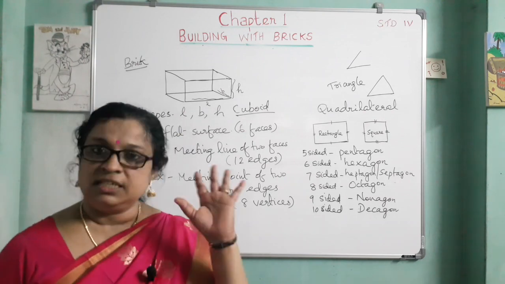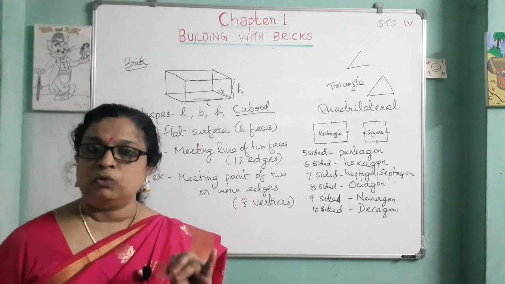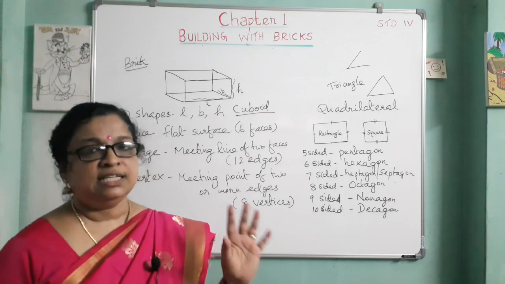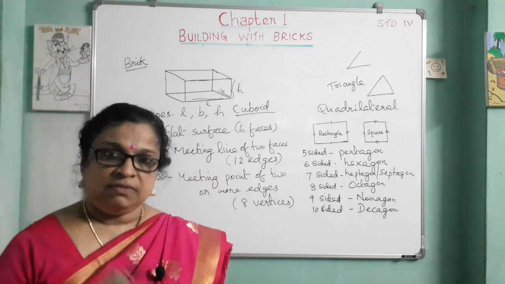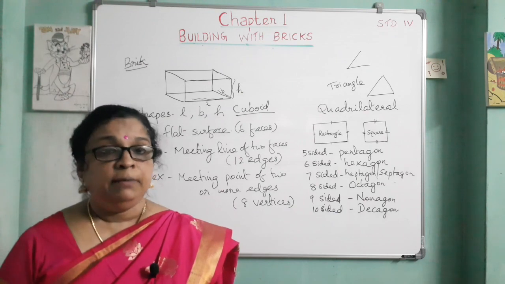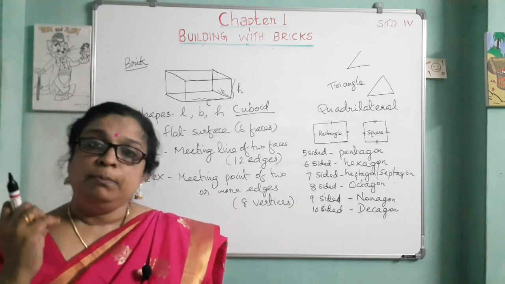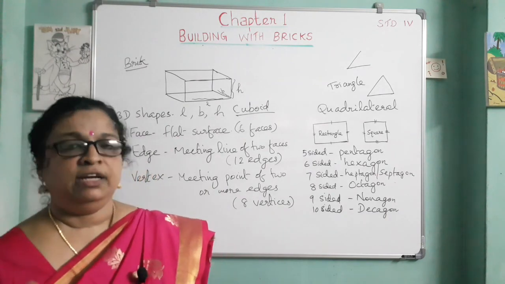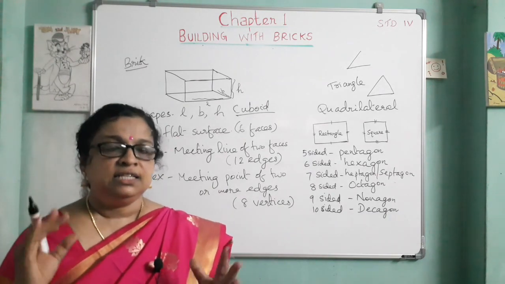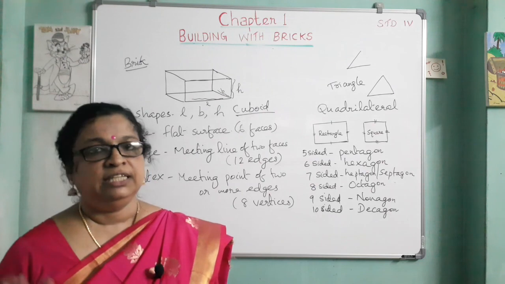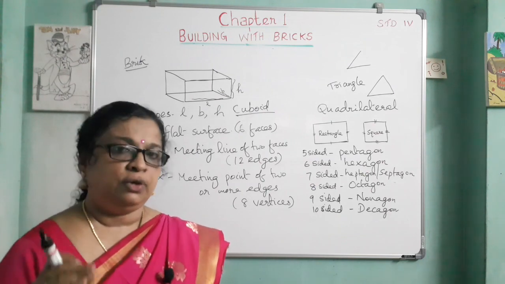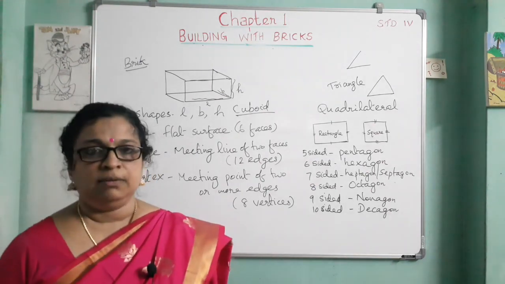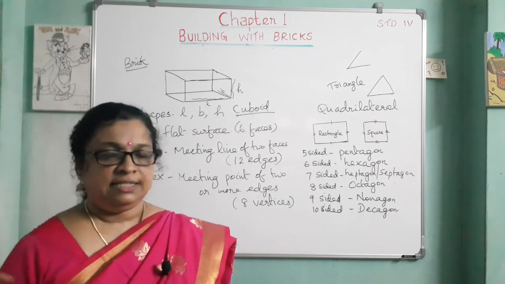That is 6 digits: ones, tens, hundreds, thousands, ten thousands, lakh. Then place value chart, writing number names, writing the numeral, place value, face value, standard form, expanded form, then greatest and smallest number. The digits are given and you have to write the greatest and smallest number. That you study in the next class.